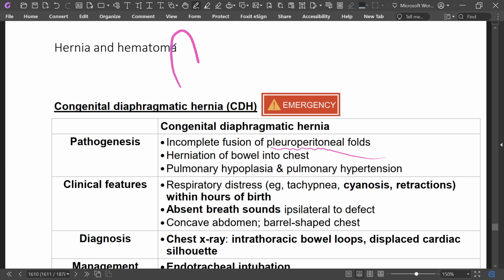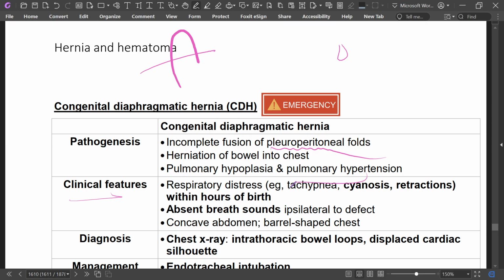There is pulmonary hypoplasia, the lungs become narrowed, and there is pulmonary hypertension. So: incomplete fusion of the pleuroperitoneal fold, herniation of the bowel into the chest, and pulmonary hypoplasia.